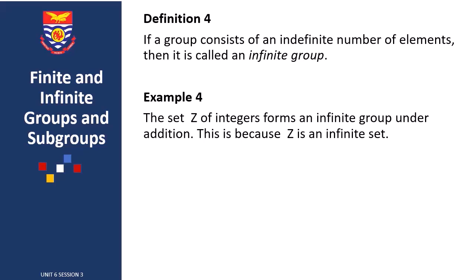When I take positive Z, where does it end? Negative Z, where does it end? You keep on going. So that is infinite. The set of integers forms a group under addition. There are a lot more examples out there.